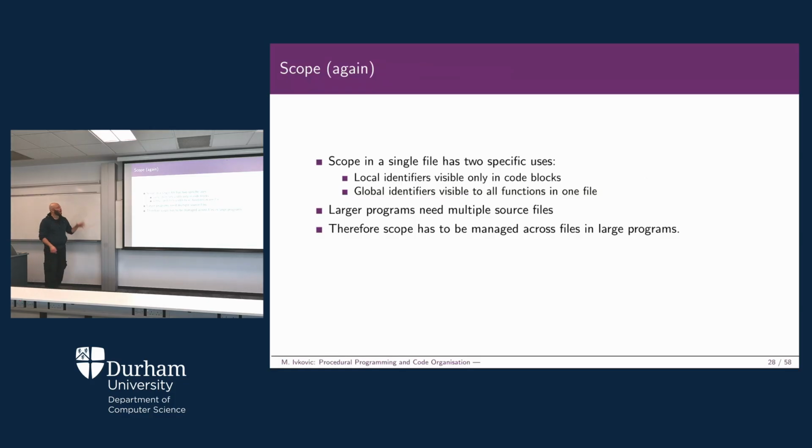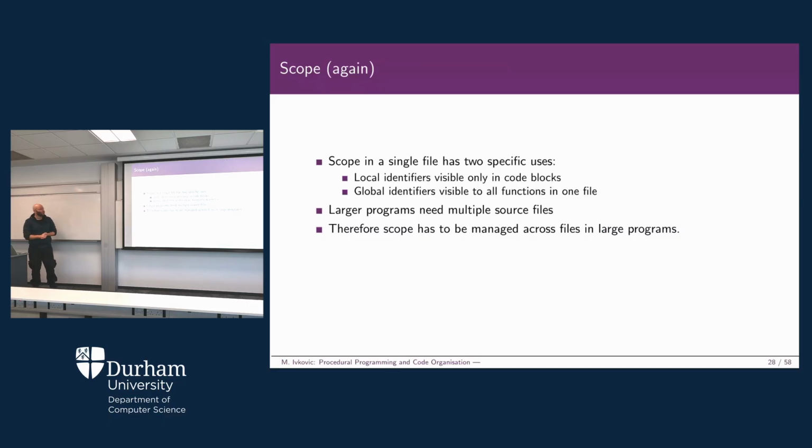Now, as a reminder again about scope, we have two specific uses of scope in a specific file. In any single file, we have global identifiers, which all functions in one file can see, and we have local identifiers, which are only visible in code blocks, so anything outside of them cannot reach them.